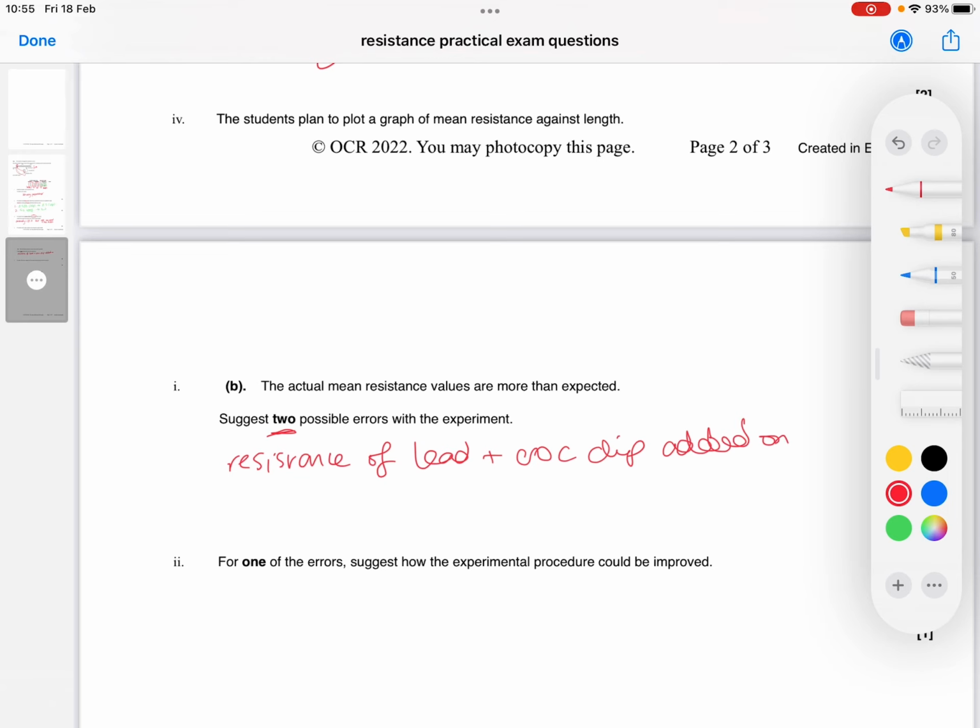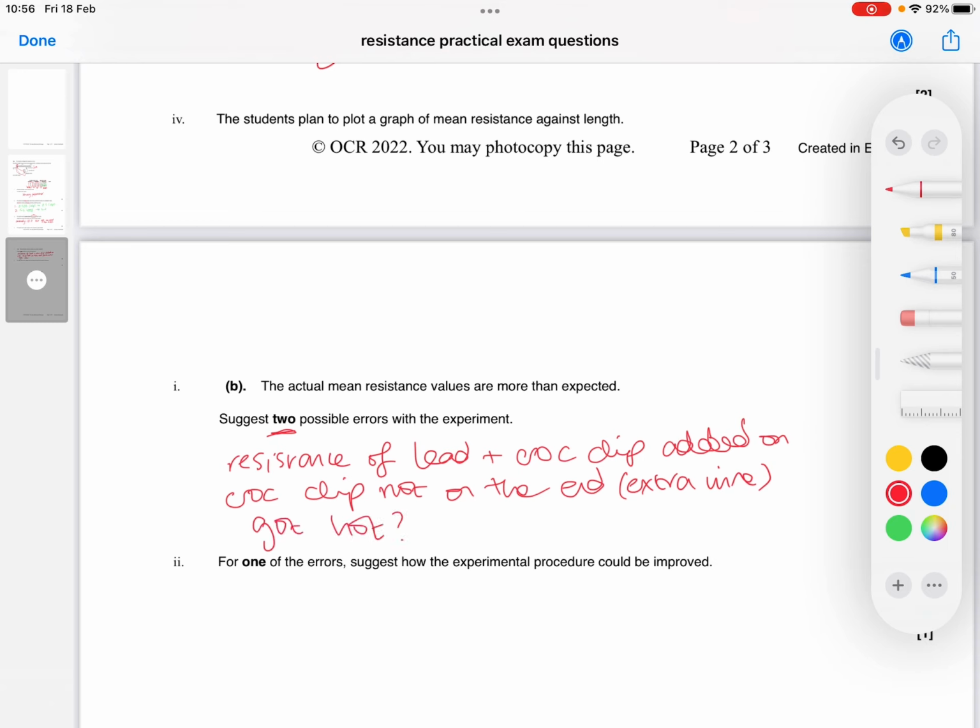It's quite hard to write with an Apple Pencil, believe it or not. Croc clip not on the end, extra wire. And it might have got hot.